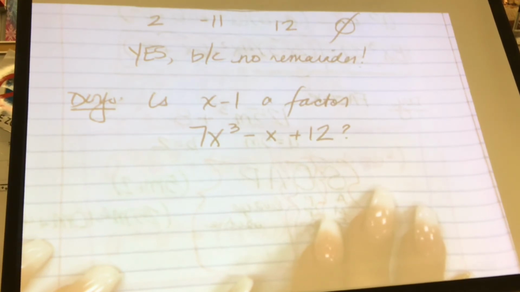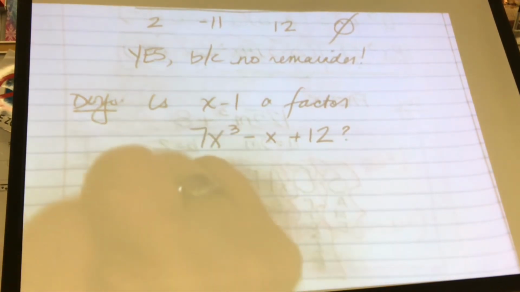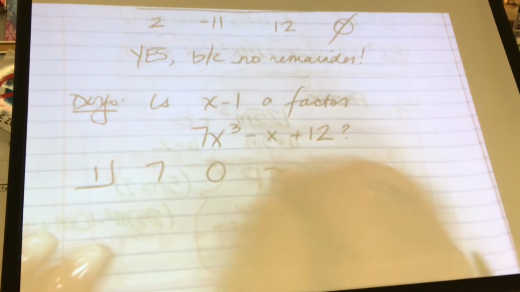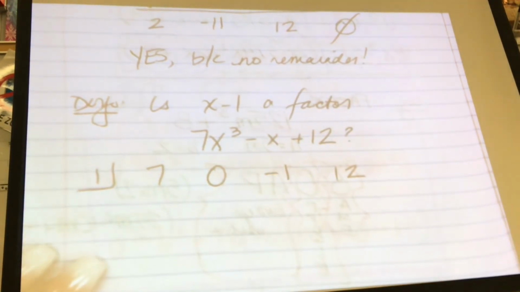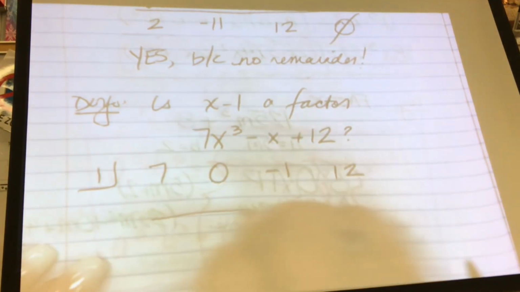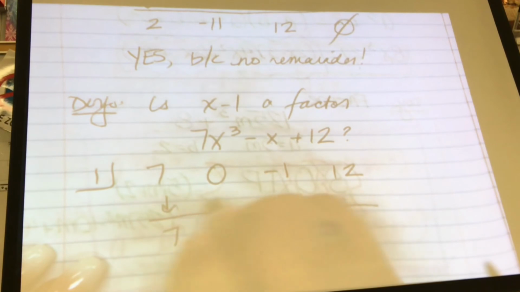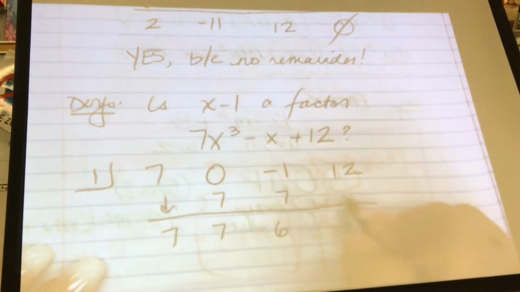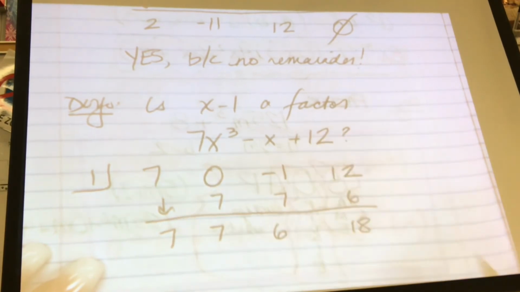I think it's 18. So you should have put a 1 here, right? 7, 0, negative 1, 12. Don't forget to drop it. 7, 7, that's a 6, that's 18.